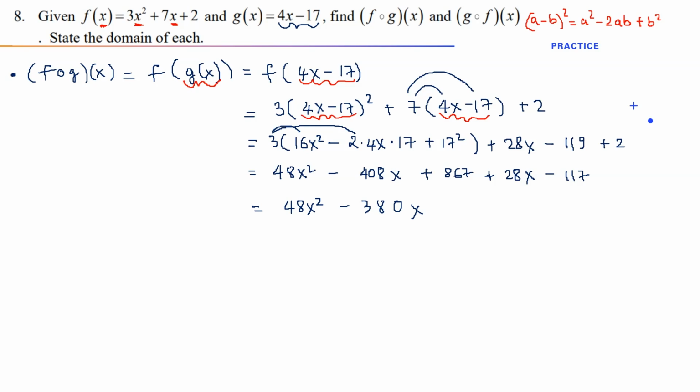Okay, now we have 867 subtract 119, that will be 750.